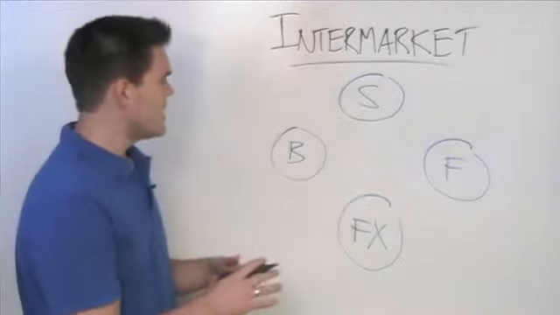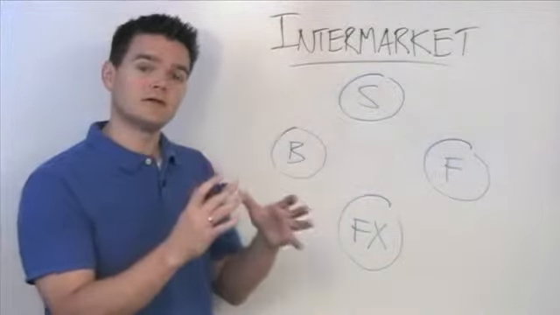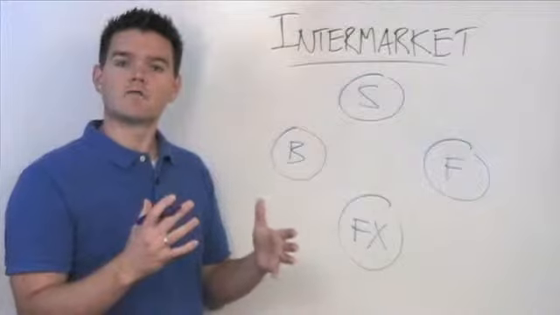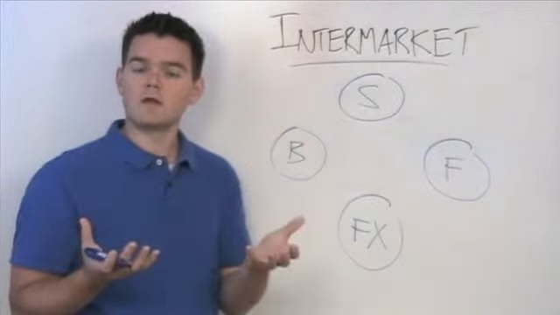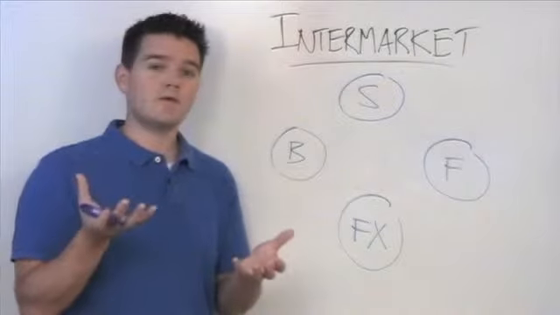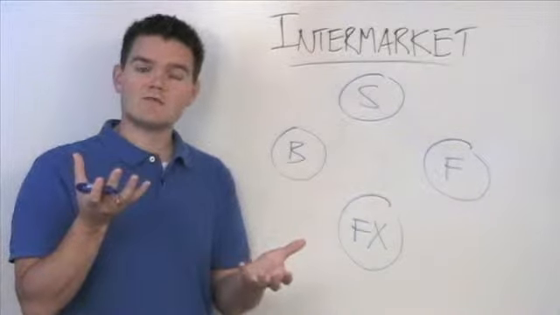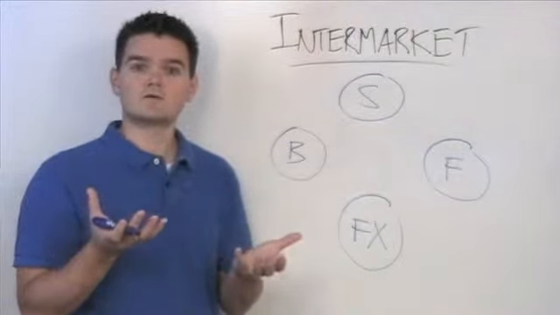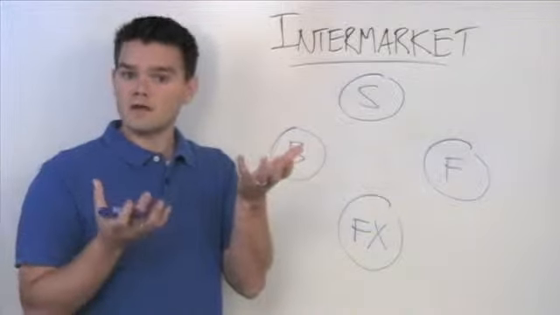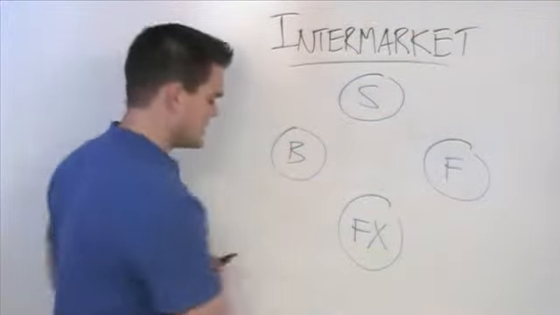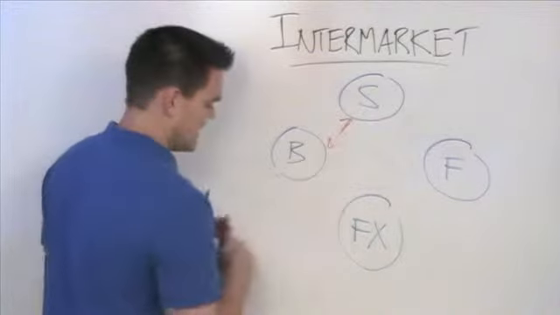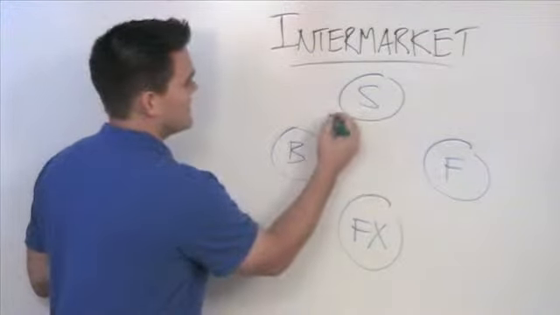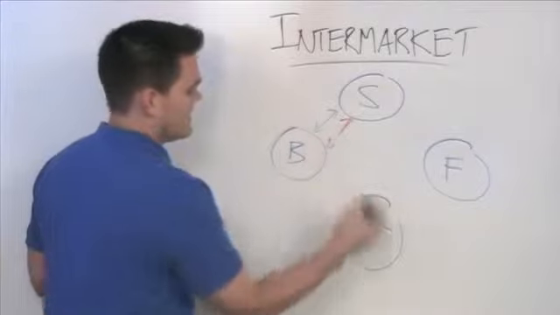So typically, the intermarket relationship that many people are familiar with is the relationship between the stock market and the bond market. If stocks are going up, typically bonds are going down in value, and the opposite is also true. If bonds are going up in value, stocks are typically going down in value.